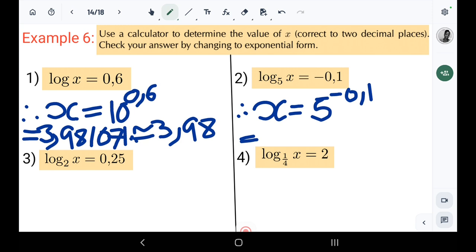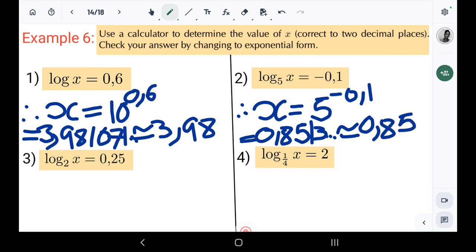That is equal to 0.85133 and so on. That is approximately, remember, rounding off correct to 2 decimals, 0.85. And that's your answer.